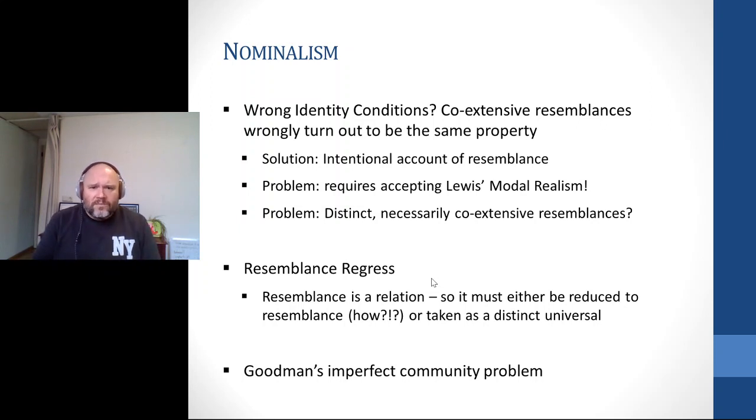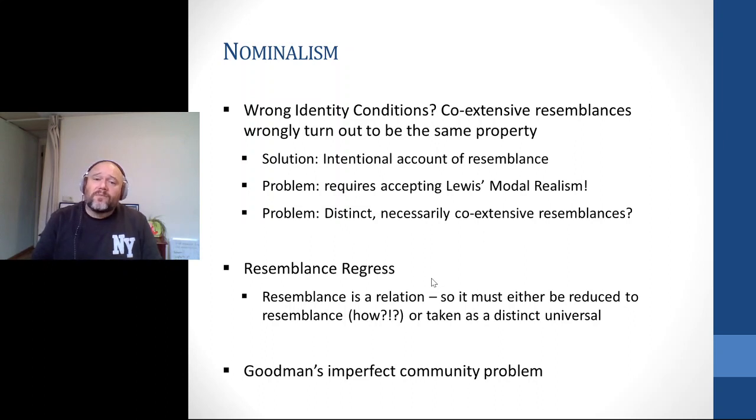So now we need an explanation for when resemblance holds. And we can't appeal to resemblance facts to explain resemblance facts, because that's a circular explanation. That's not a good way to go. So we need to explain when resemblance relations hold. And it doesn't seem to be possible.